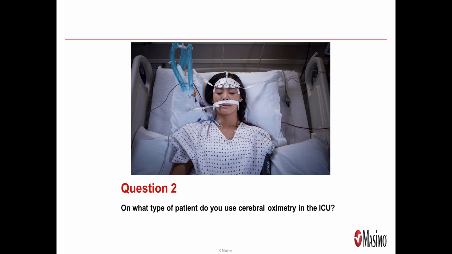The same way as if you use capnography, capnography will tell you the same information. The only problem with capnography is that to use it as a continuous indirect measure of cardiac output, the ventilation has to be constant, and this is not always the case in patients in the ICU.